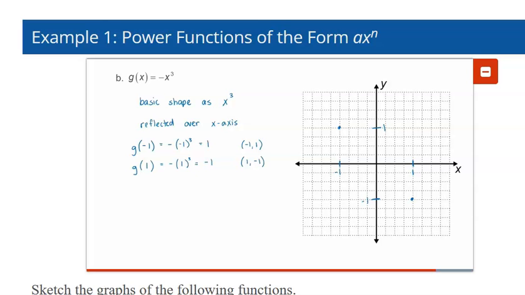And because this has the same basic shape as x cubed and has only been reflected, I know it still passes through the origin. So now I sketch my graph with the basic shape of x cubed going through the point -1, 1, the origin, and then 1, -1.